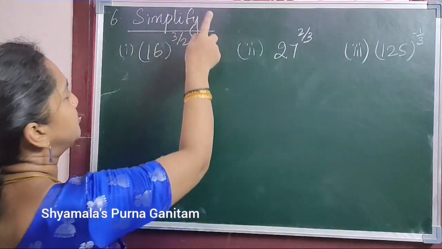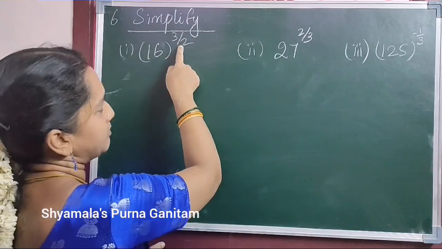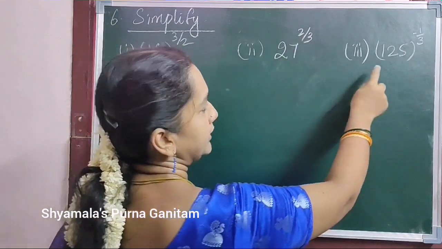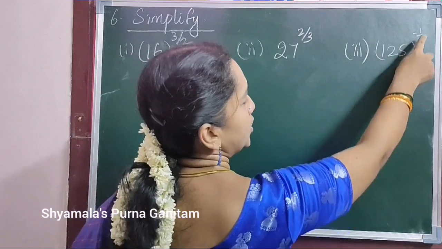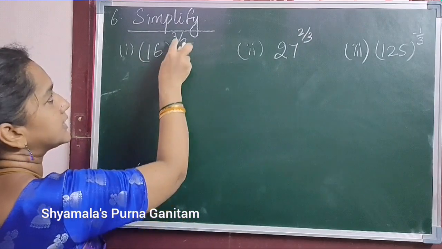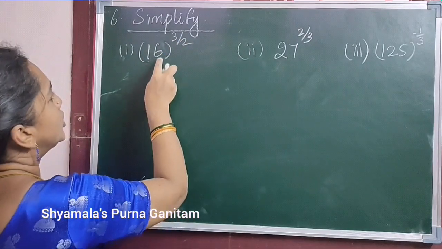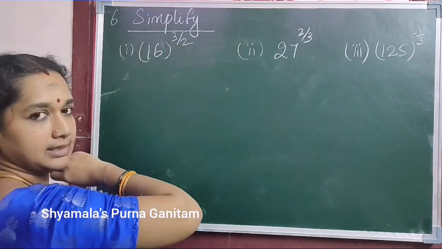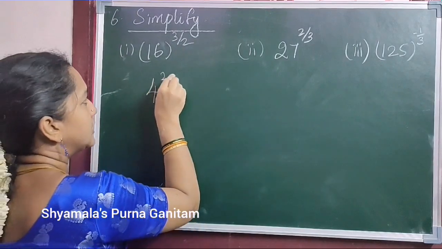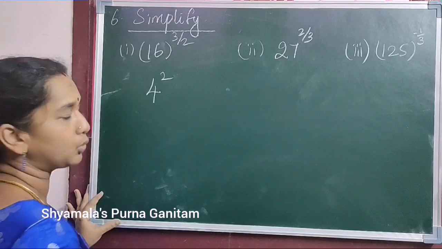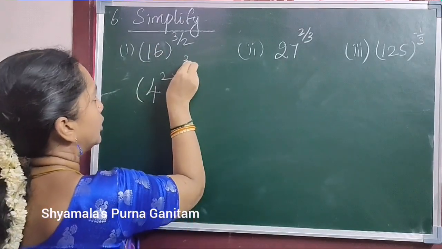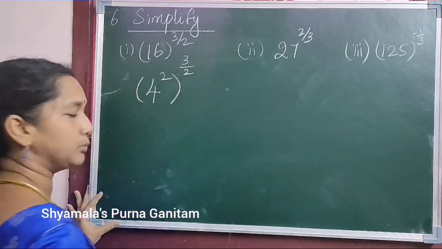Sixth sum, simplify 16 power 3 by 2, first one; second one 27 power 2 by 3; and third one is 125 whole power minus 1 by 3. So when you take the 16 power 3 by 2, you can simplify this 16 with the base 4. How can you write this? You can write this as 4 power 2. 4 power 2 is 16. Then 4 power 2 whole power 3 by 2.